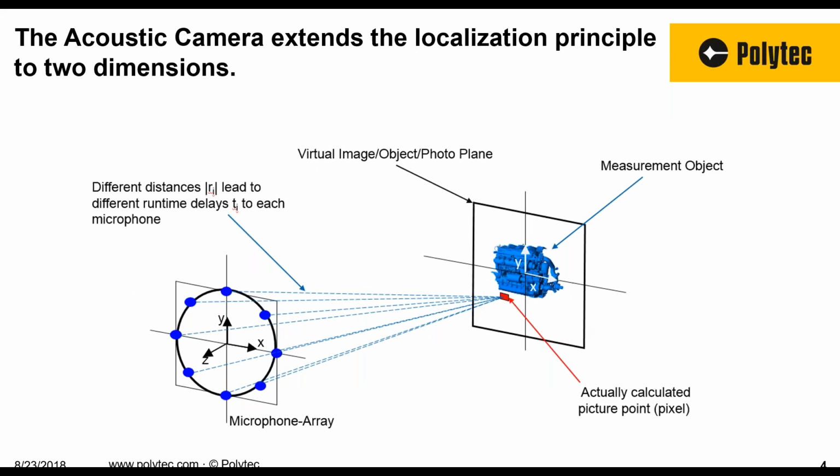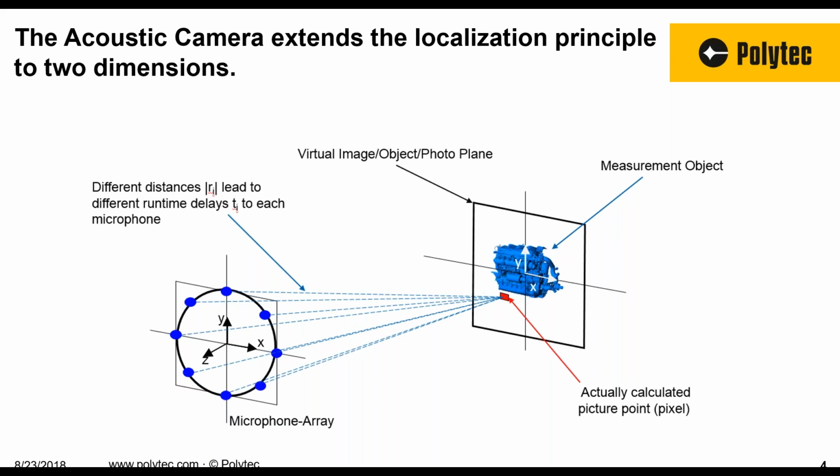What we do with that information is basically divide our image from our camera into different pixels. And at each pixel, we calculate the runtime delay for each of the pixels that are in the camera image.